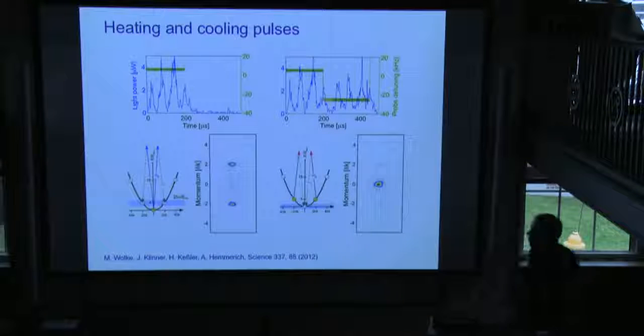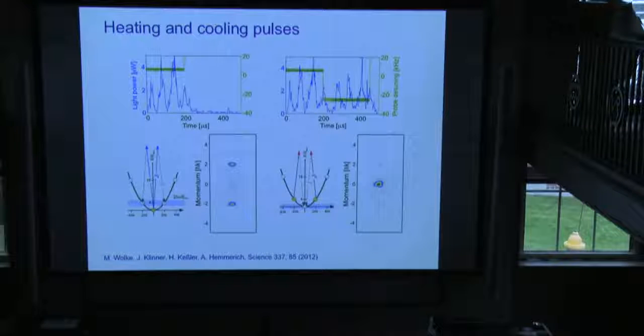Okay, I also want to show you this. This is already a few years ago. If you apply such pulses, as I was showing you, you get this kind of beating, and the atoms are transferred from zero momentum to plus and minus 2ħk. If you take a momentum picture after this has happened, this is how it looks.